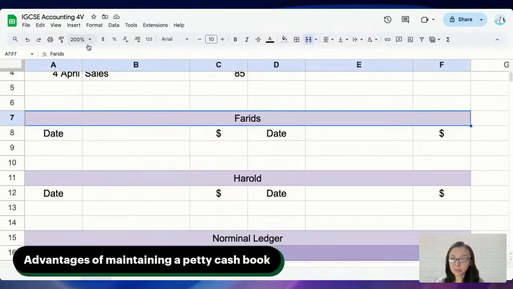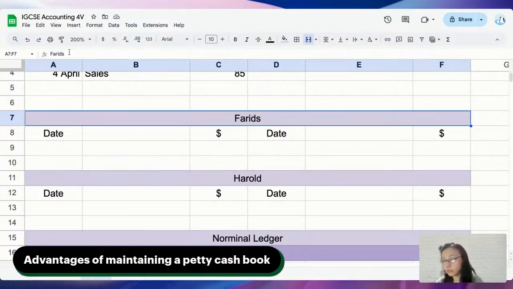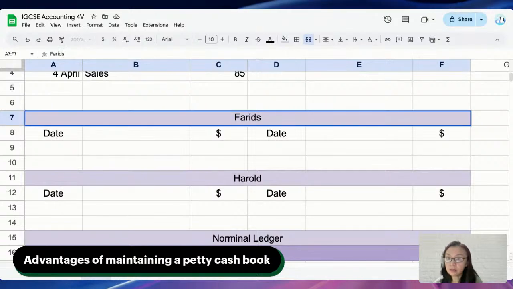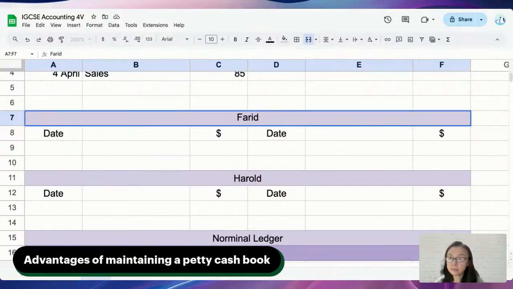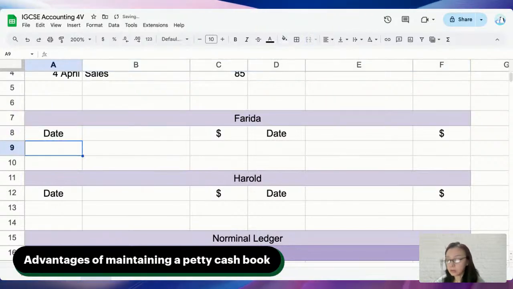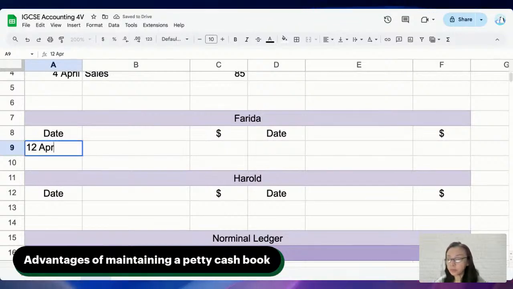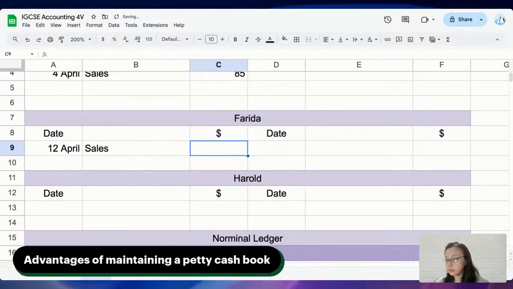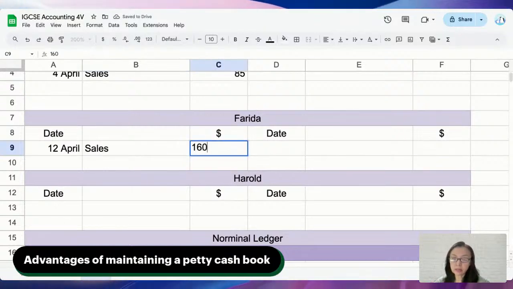Oops, spelling error, but you need to know, Farida. It's the same, 12th of April, sales, and this is 160.